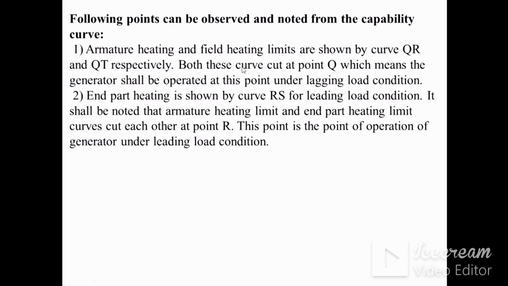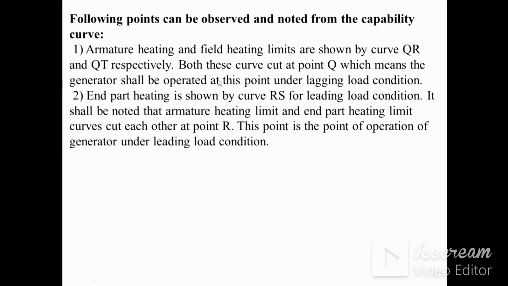Next one is the end part heating, shown by the curve RS for leading load conditions. It is noted that the armature heating limit and the end part heating limit curves cut each other at the point R, and this point is the point of operation of the generator under the leading load condition.